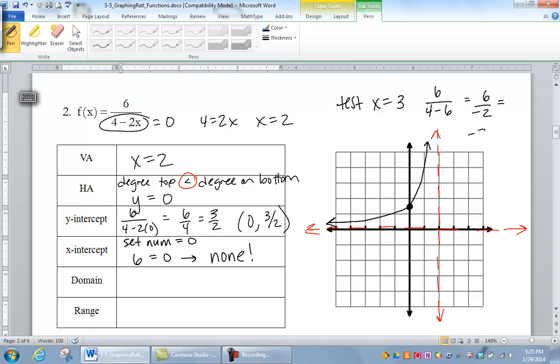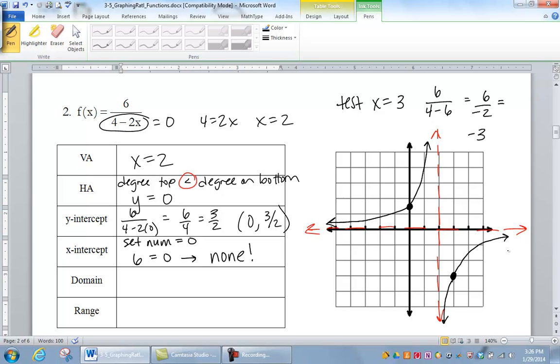So that means negative 3. So at the x value of 3, I get a value of negative 3 for the y. Okay, which means it's down here. So you want to have at least one exact point on your graph, and then the asymptotes do the rest of the work. So that means that this poodle is going to run this way and get close to the fence, and this poodle is going to run this way and get close to the fence but never touch it.